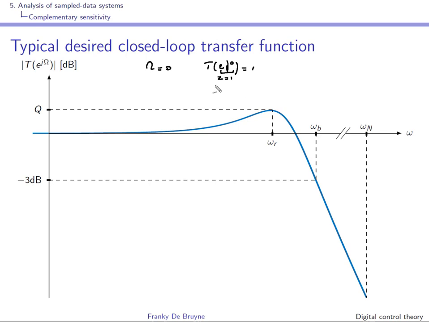This is equal to imposing S of z equal to 1 is equal to 0, and this is also equivalent to imposing that there is an integrator in the loop, either in the controller or in the process.